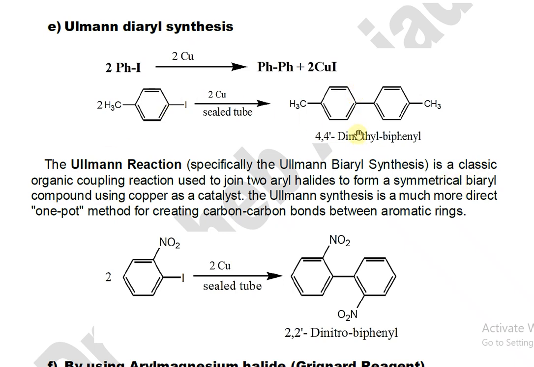If you look at the product here, we started with this compound, 4-iodotoluene. Two molecules of 4-iodotoluene are coupled with each other, also by using copper, to give us a symmetrical biaryl compound.